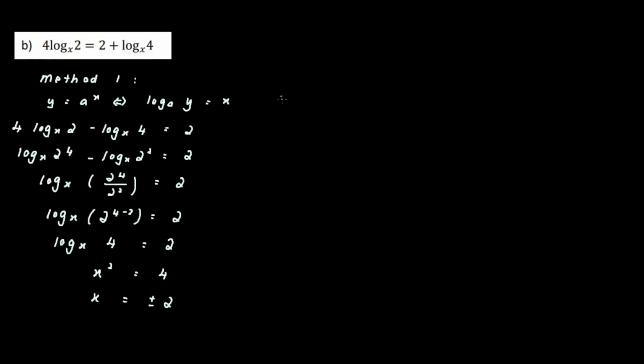So let's see what the second approach looks like. The second approach, we are going to use the method that we learned just now, which is if we have log_a x equals log_a y, then we can always say that x equals y. So by using this rule, we try to change 2 back into logarithm form.